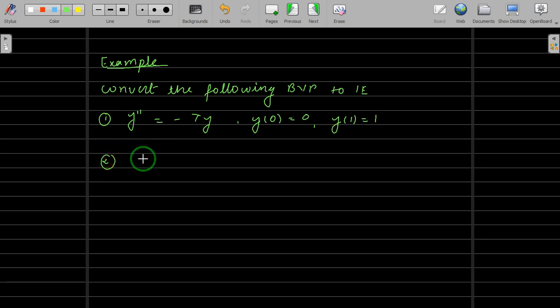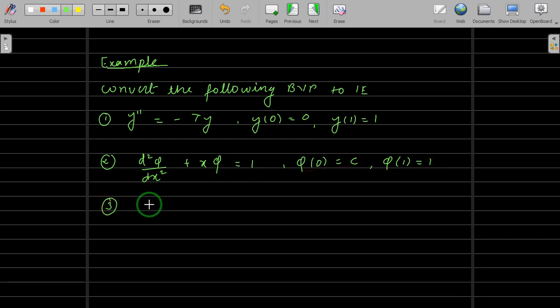Second one: d square phi by dx square plus x phi equals 1, where phi is a function of x. Phi at 0 equals some constant c, and phi at 1 equals 1.